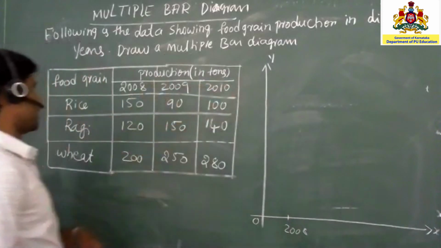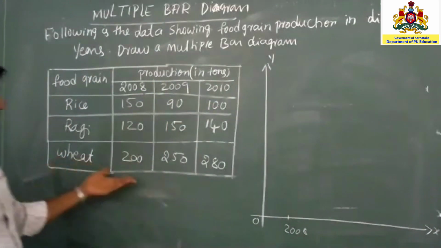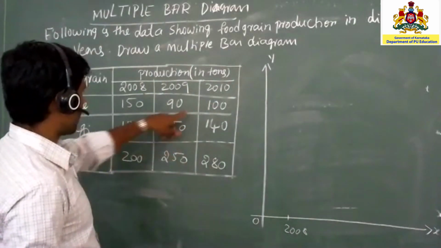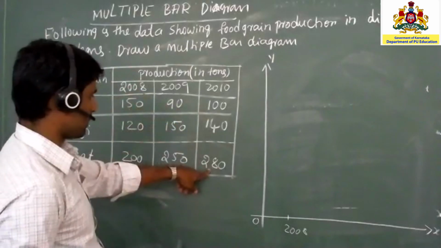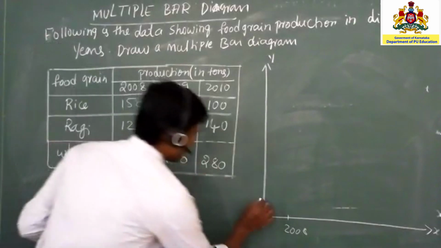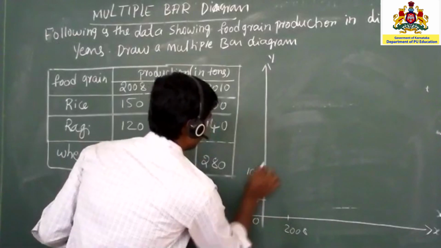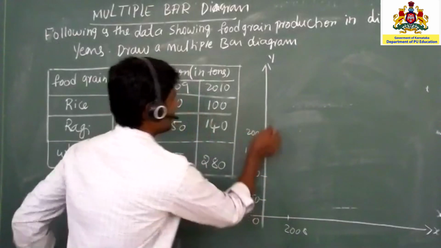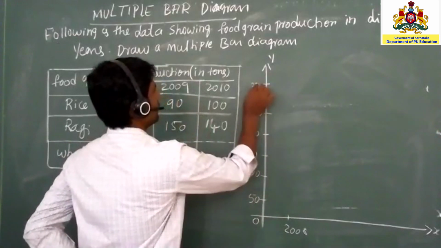We will discuss one by one. The minimum value is 90 and the highest value is 280. According to these values, you take a difference of 50: 50, 100, 150, 200, 250, and 300.